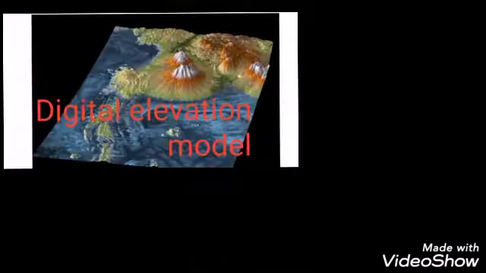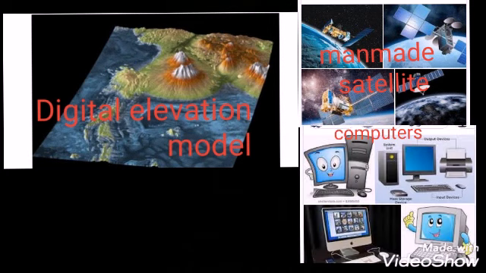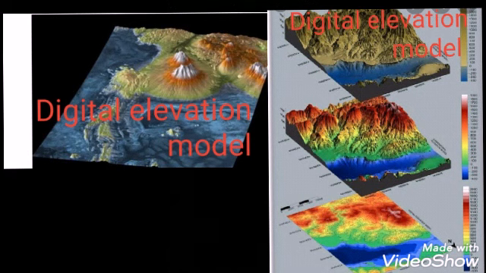Method third, digital elevation method. This is the most modern method. In this, the information obtained through man-made satellites is presented with the help of computers. See map C. In it, we can directly observe the differences in the height of landforms.